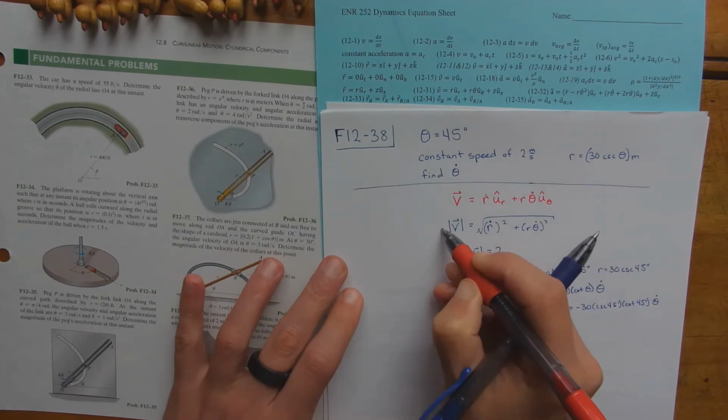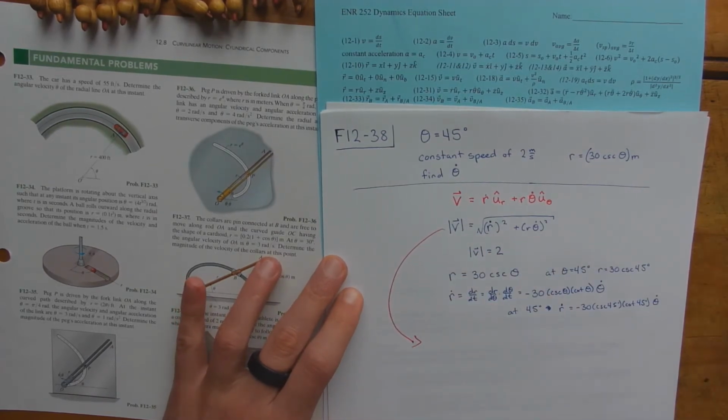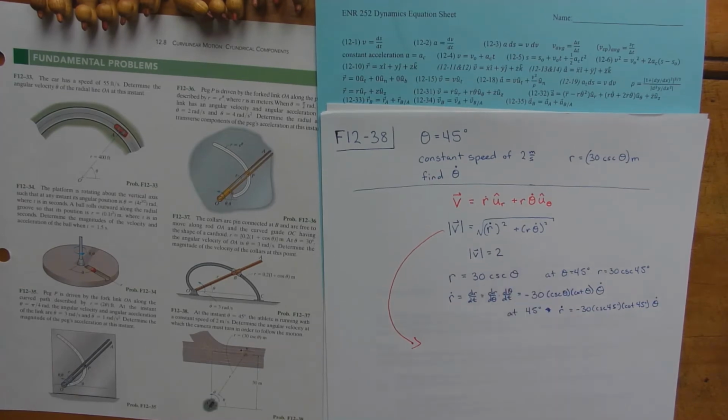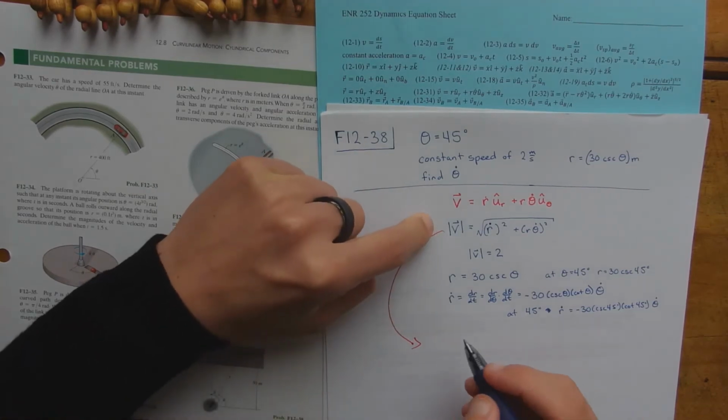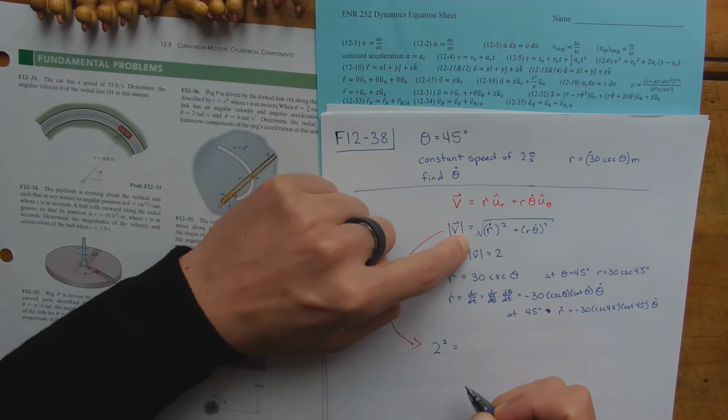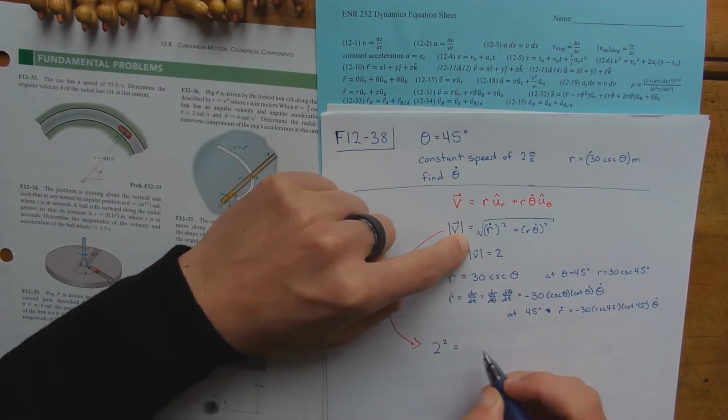So then we can take our equation here and plug everything in, except that I don't really want to deal with the square root. So when I rewrite the equation, I'm going to square both sides. On the left-hand side, I have the magnitude of velocity squared. That's 2 squared. And on the right-hand side, I have r dot squared.